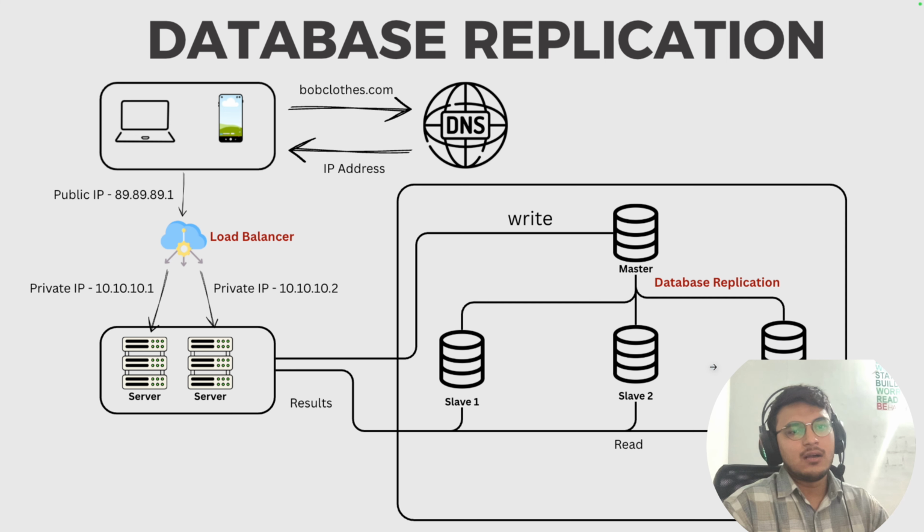Okay, why we use database replication? For better performance. The master focuses on write while read requests are spread across the slaves. This parallel processing allows the system to handle more queries at the same time. Reliability is another factor, because let's suppose one database server is lost due to disaster like flood or earthquake, anything, your data is still safe because the same replica is also present in another slave, in another server, in another region.